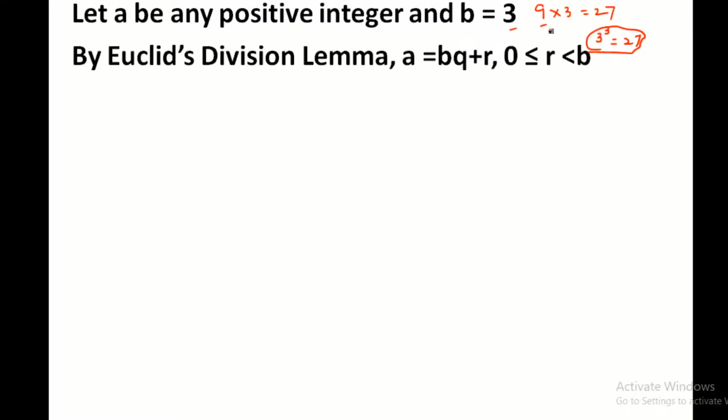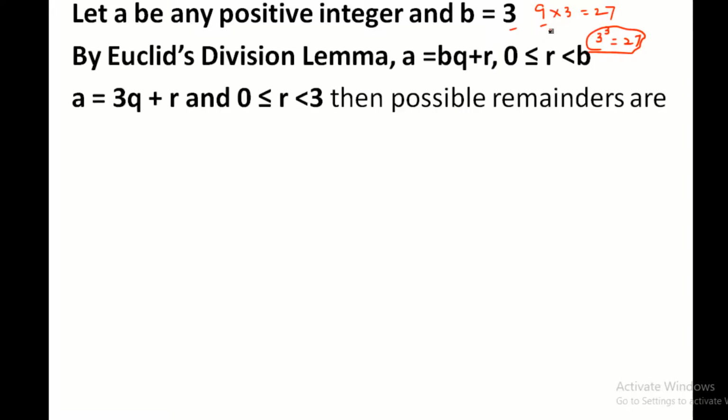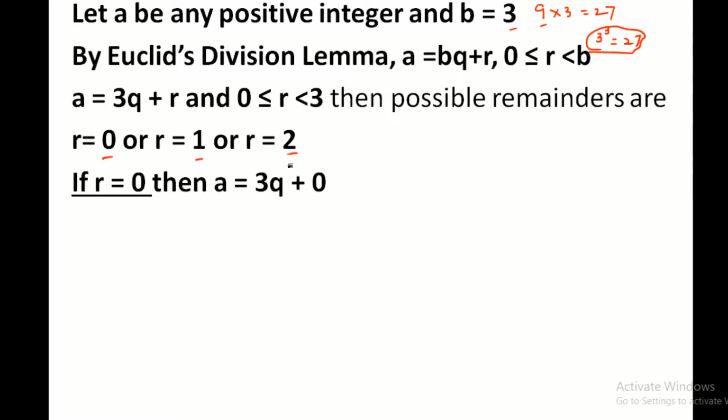So, by the definition, we'll get the possible remainders as 0, 1 and 2. If r is equal to 0, then the equation becomes a is equal to 3q plus 0. Since the question asks whether the square of the integer is in that form or not, we definitely have to square on both sides.